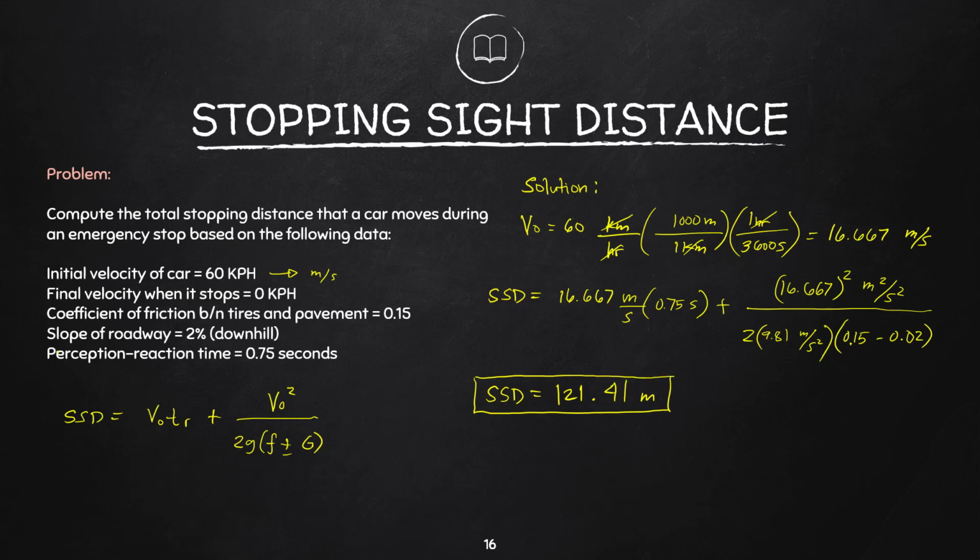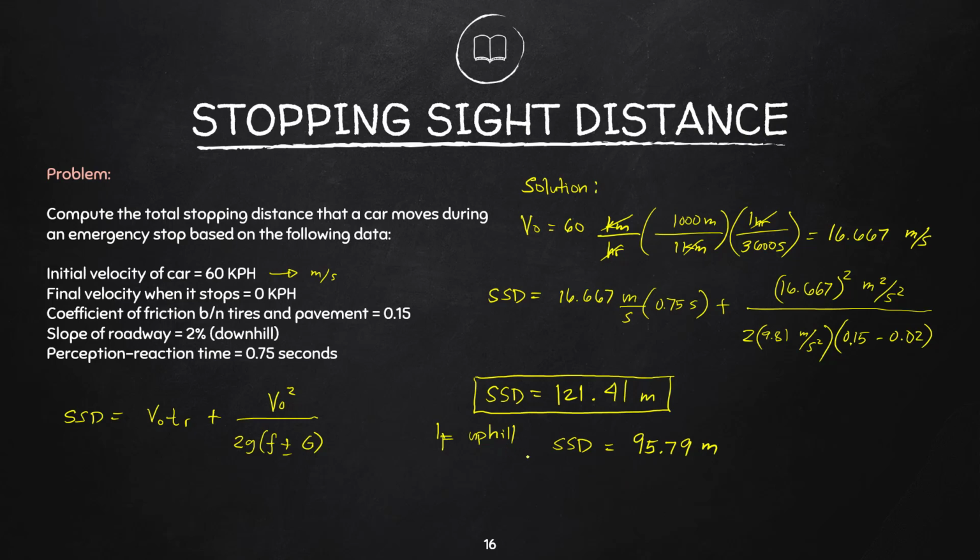Okay, what if the driver is moving uphill, rather? So if that is uphill, your g should be positive. So we will have SSD equal to, let me use my calculator, that would be positive, so that should be equal to 95.79 meters.